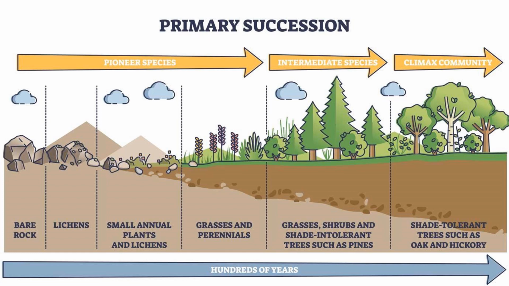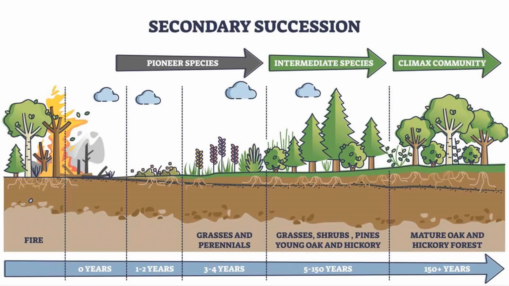First one, here you can see how primary succession occurs through time, and this one is secondary succession where it is caused due to some external climatic condition, that is through fire or flood, etc. Here we will find grasses in the pioneer species, which we used to find in intermediate species in case of primary succession.